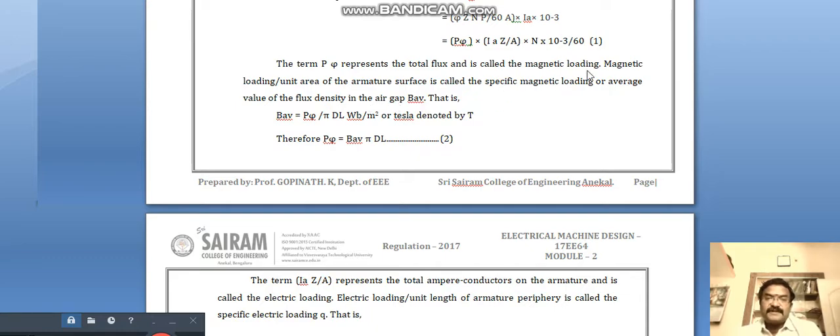Specific magnetic loading means magnetic loading per unit area of the armature surface.